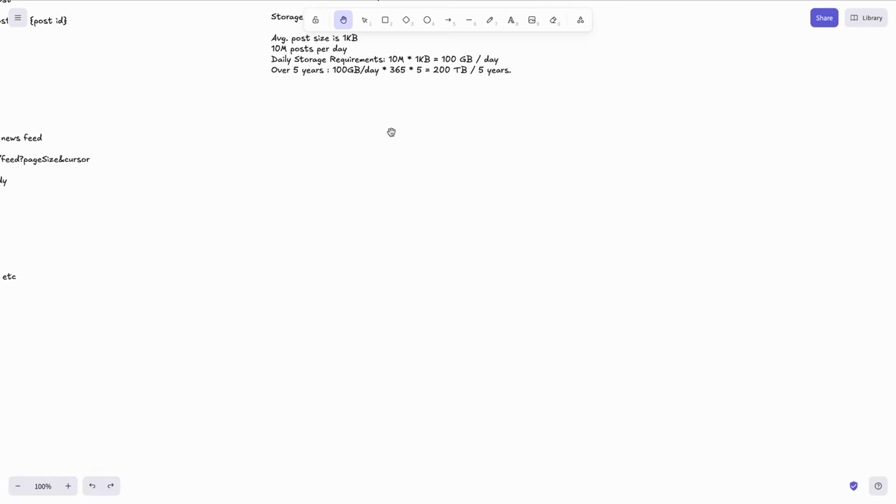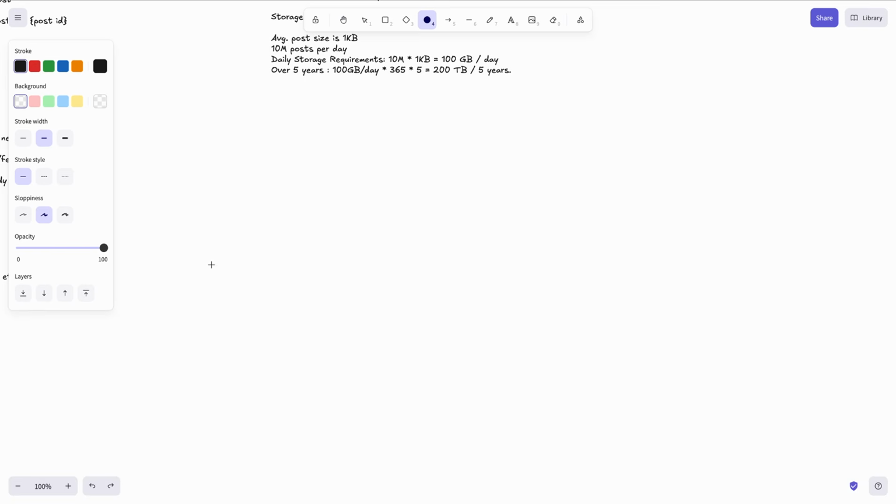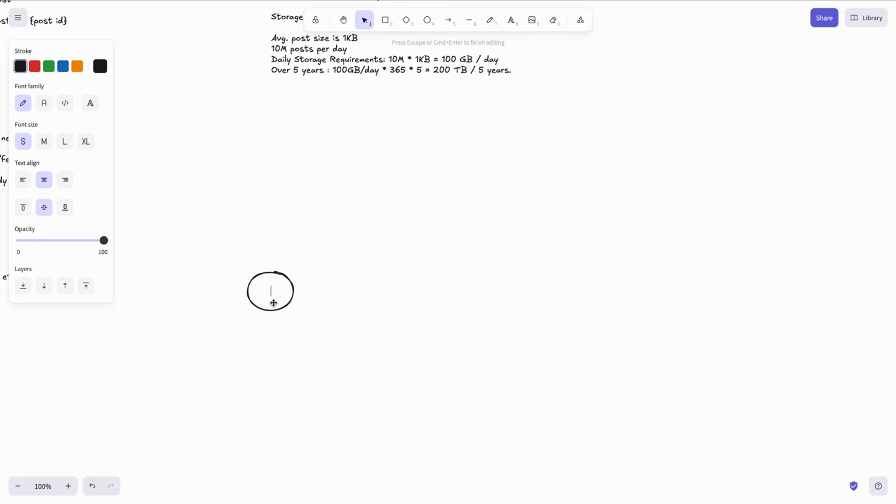So I'll start with the client on the leftmost side. The client will be our mobile app or browser. The first thing is that the request from the client would hit an API gateway.